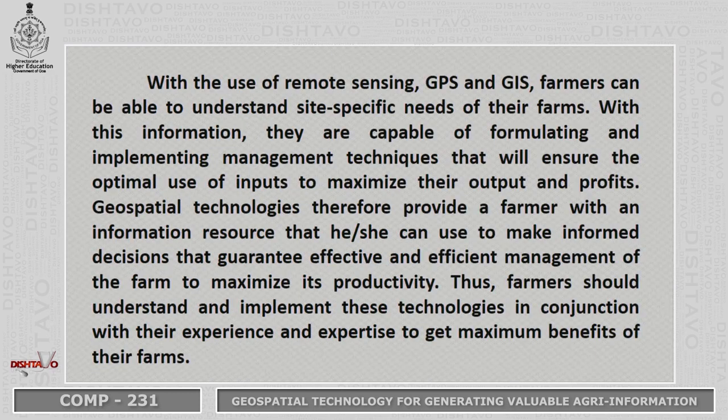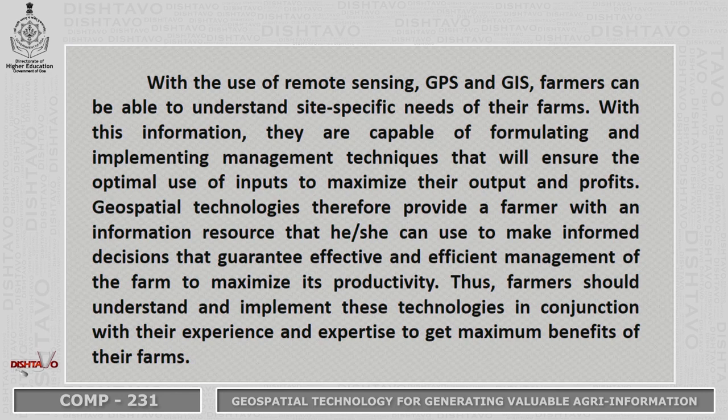With the use of remote sensing, global positioning system and geographical information systems, a farmer will be able to understand the site specific needs of their farms. With this information, they are capable of formulating and implementing management techniques that will ensure the optimal use of inputs to maximize their output and profits.